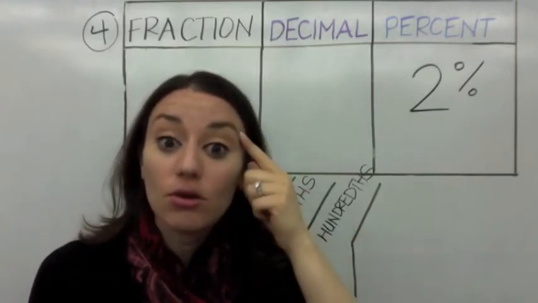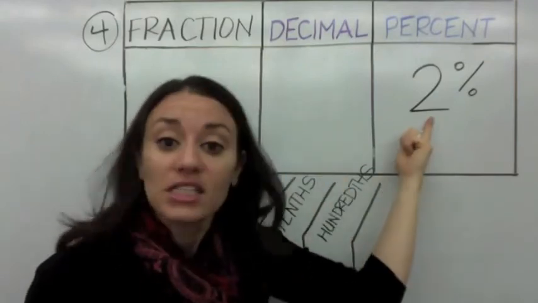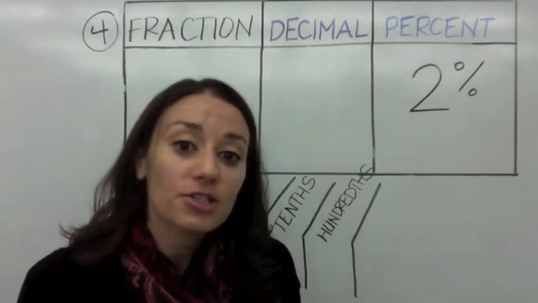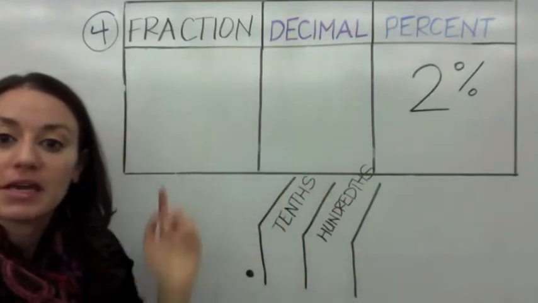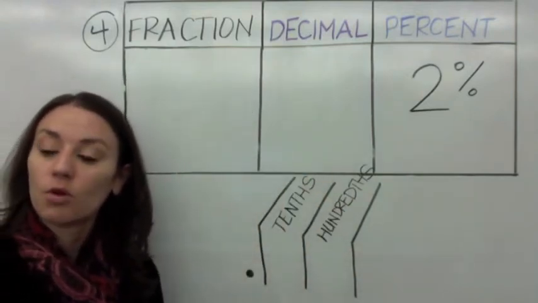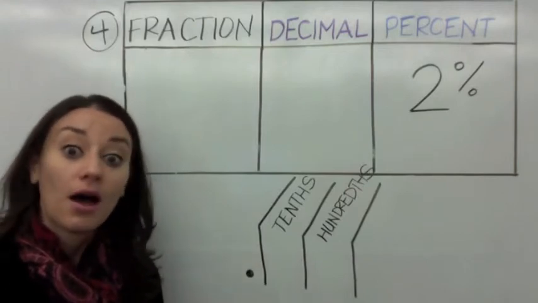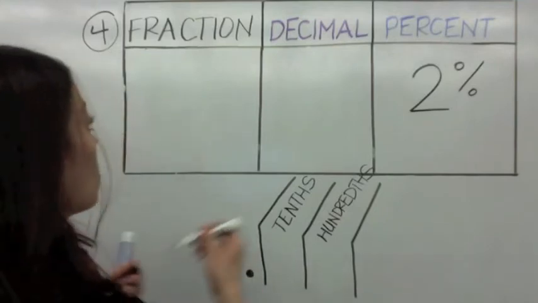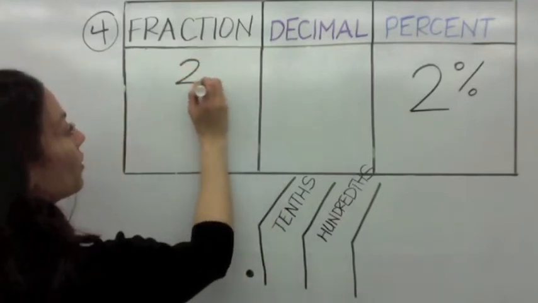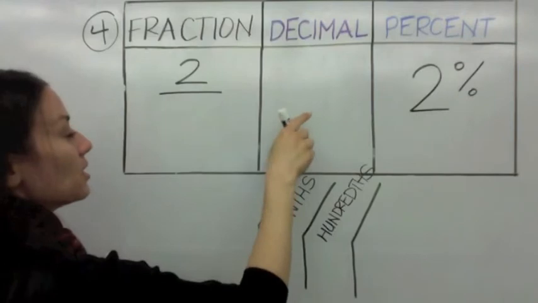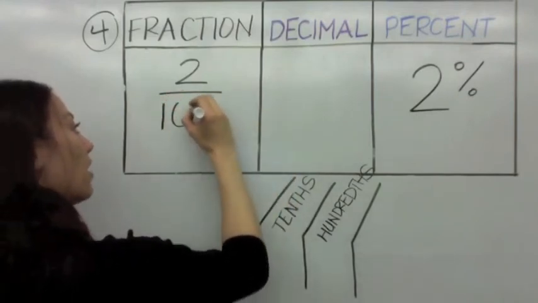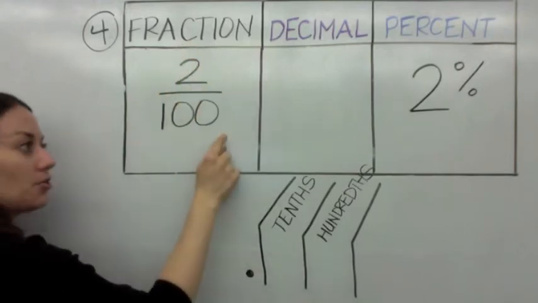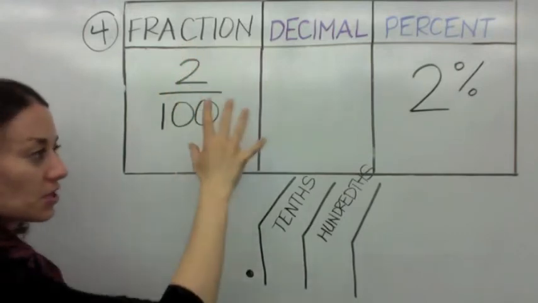I also told you that this whole number 2 is the numerator of that fraction. So what would the fraction be? It would be 2 as the numerator over percentages always have a denominator of 100. This is 2/100ths. Good.